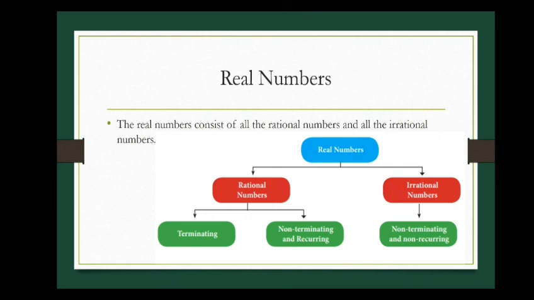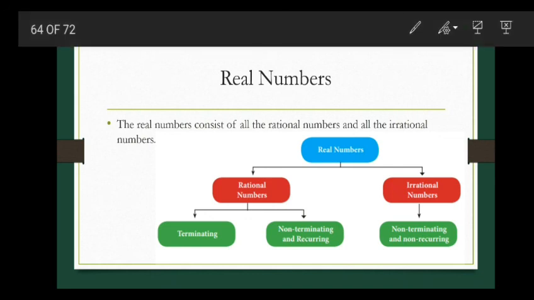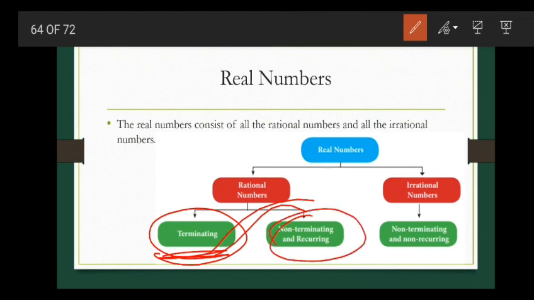And we have seen that rational numbers, when expressed in decimal expansion, may be terminating, which means after the decimal point the number stops after some time, or non-terminating and recurring, which means after the decimal point the decimals won't end, but will repeat.